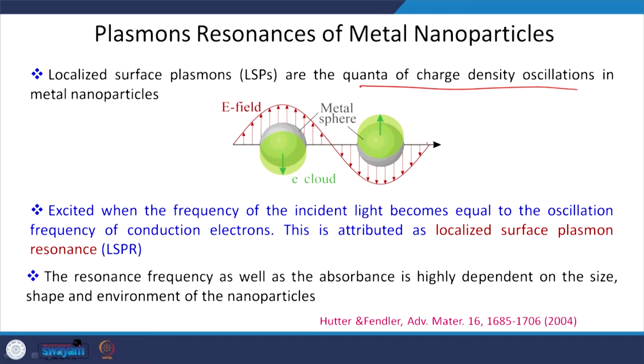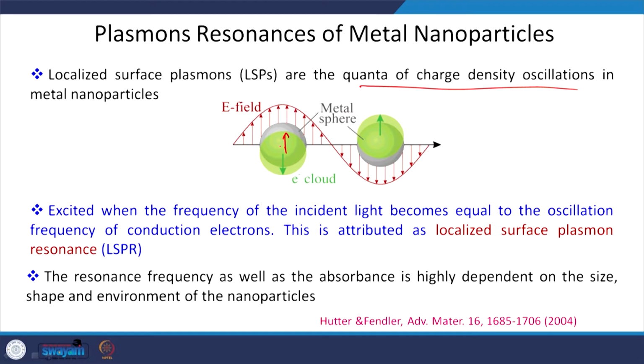What happens is that if the electric field is pointing in the upward direction, the electron cloud will slightly shift to the downward direction, leaving behind a dipole here, which we will solve for analytically. The dipole points in this direction, the electric field in the opposite direction, and if it is varying at a frequency of say omega, then this dipole will also be oscillating at a frequency of omega.